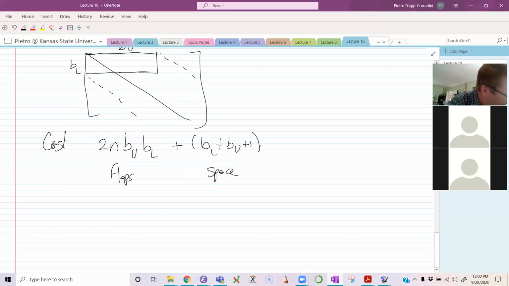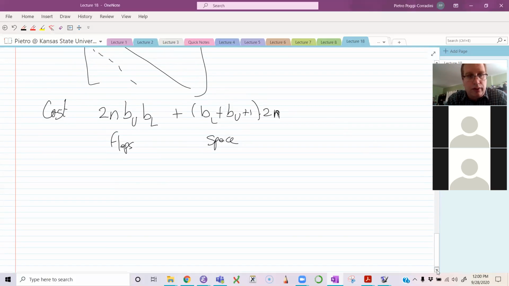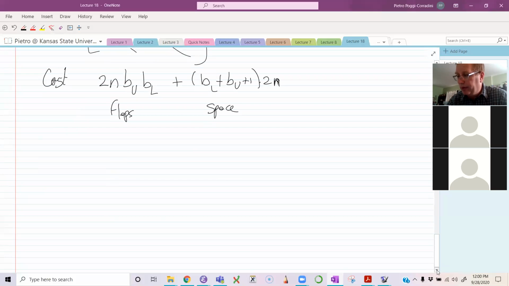I think there should be an n missing there. Right, because you think of it as a rectangle. This is the width of the rectangle, but then there's the length of the rectangle. All right, but anyways, I will not go into those calculations.